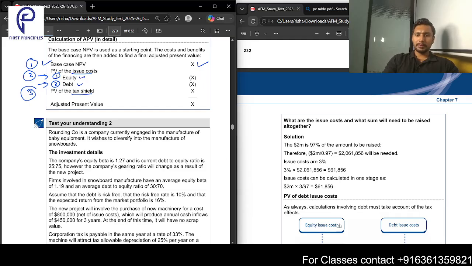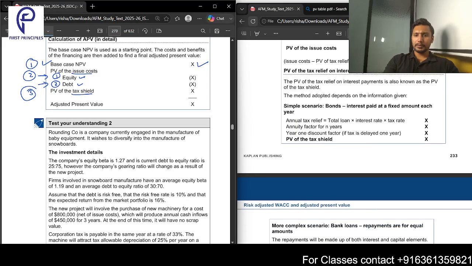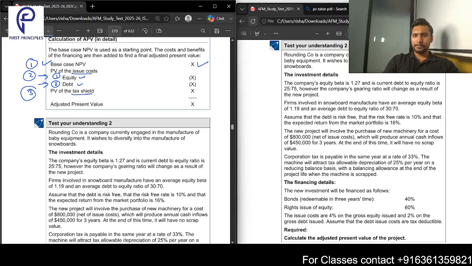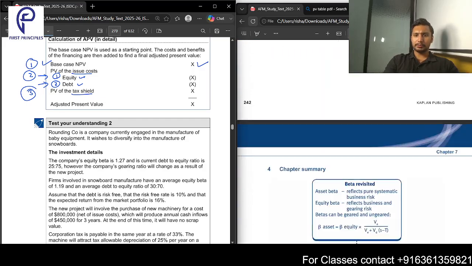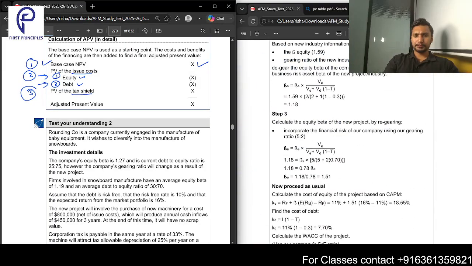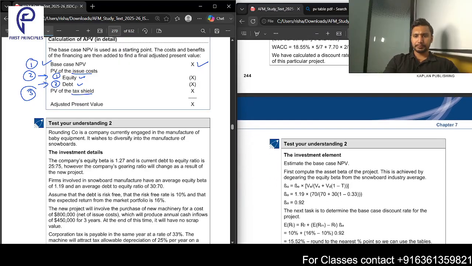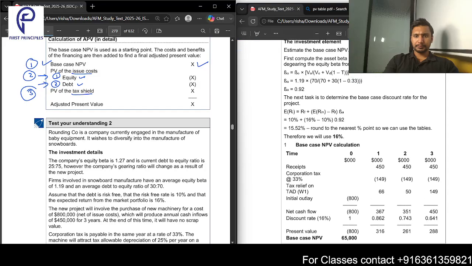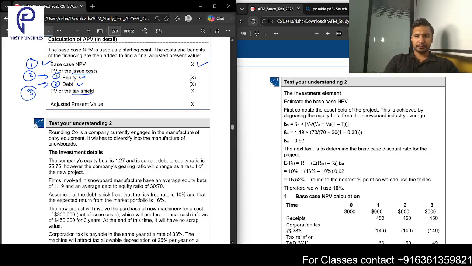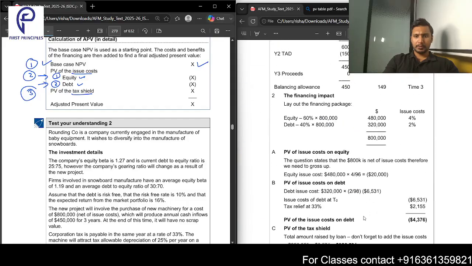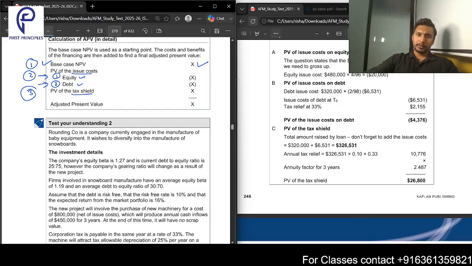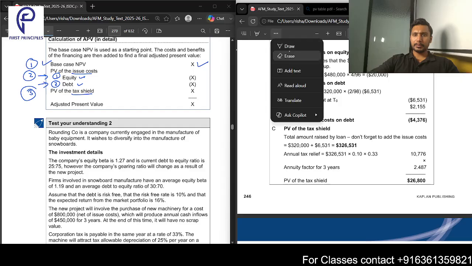So in the sum that we would see here, with regards to TYU2, from the financing perspective, we do a sum simultaneously so that we get a good understanding.